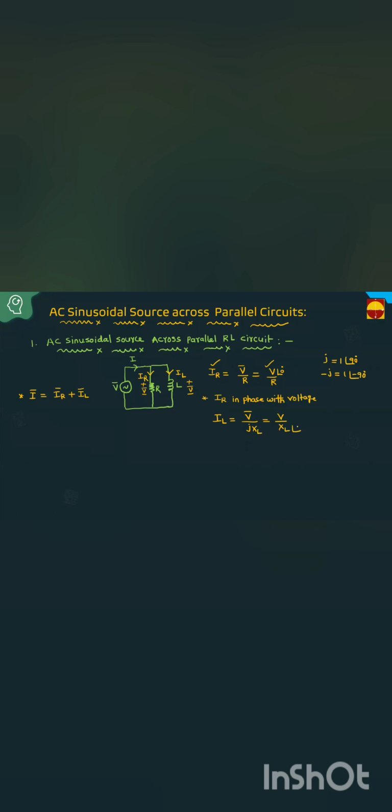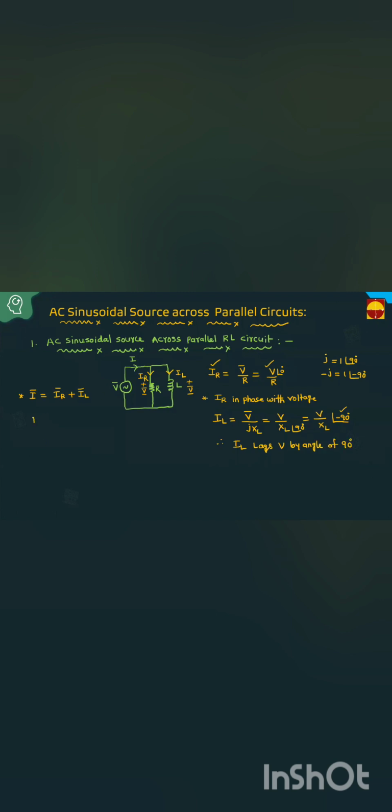So XL at angle of 90, bring this angle into the numerator, that is V by XL at angle of minus 90 degrees. That is, this IL is at minus 90 degrees. Minus 90 degrees means angle is measured clockwise. Clockwise angle is lagging, so current lags the voltage. This IL lags V by angle of 90 degrees.